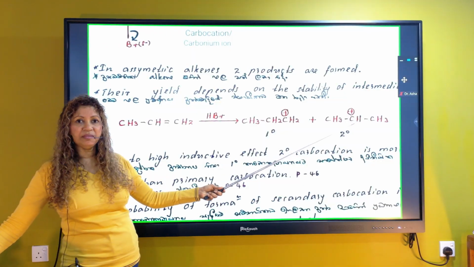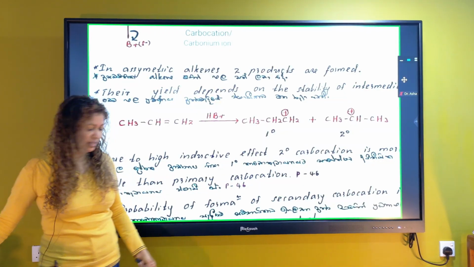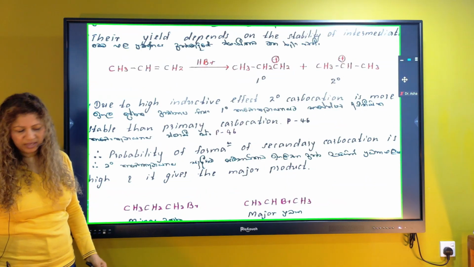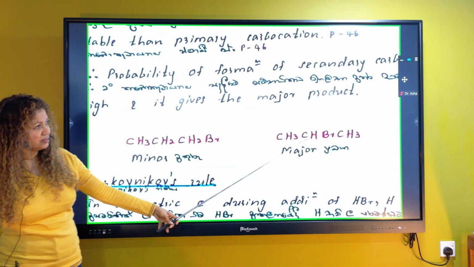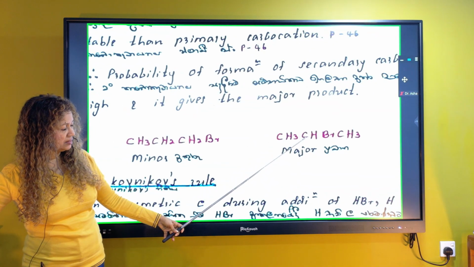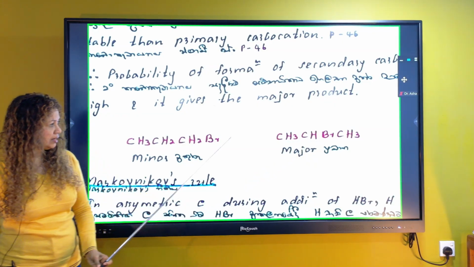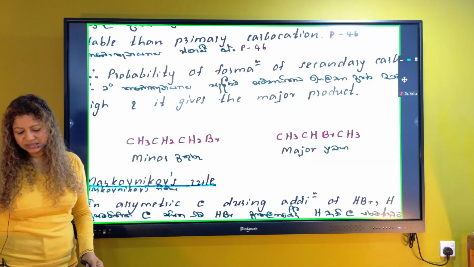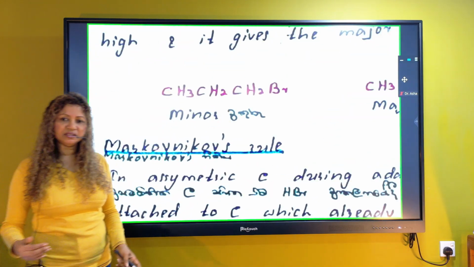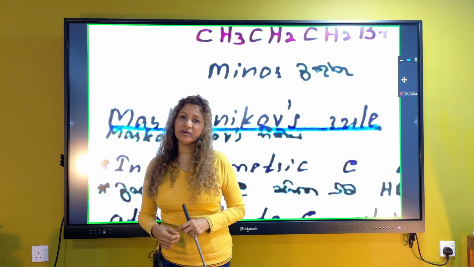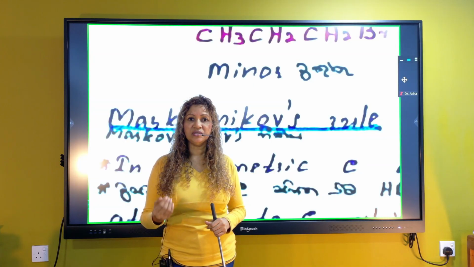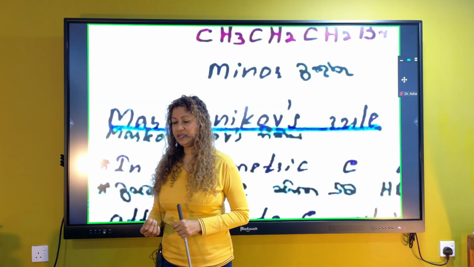So this gives the major product. This is the major product coming through the secondary carbocation. See, the middle carbon, the secondary one, joins with the bromine. And here it is to the terminal. But this is a little problematic; it takes time for you to decide. So the Markovnikov rule is there. What is the Markovnikov rule? Hydrogen joins to the carbon where hydrogen is high.